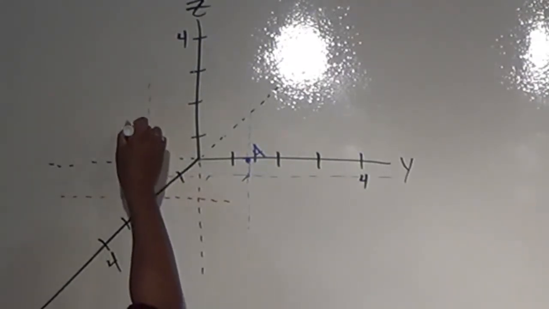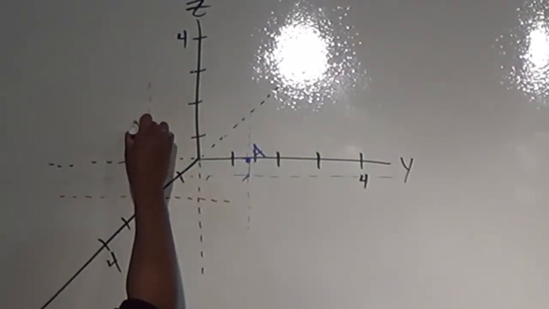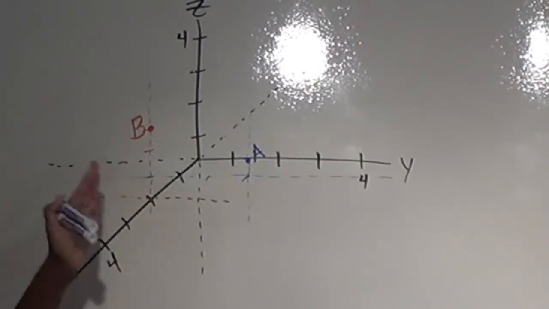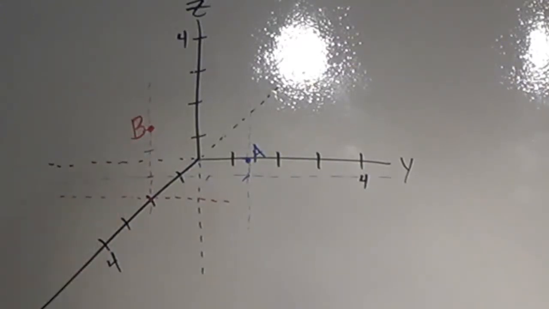So there's 1, 2, and 3. There's my point B. And if I look at that, it's going to be in line with the zx plane, because I haven't moved in the y direction, and there would be my point, 3 units above the x-axis.